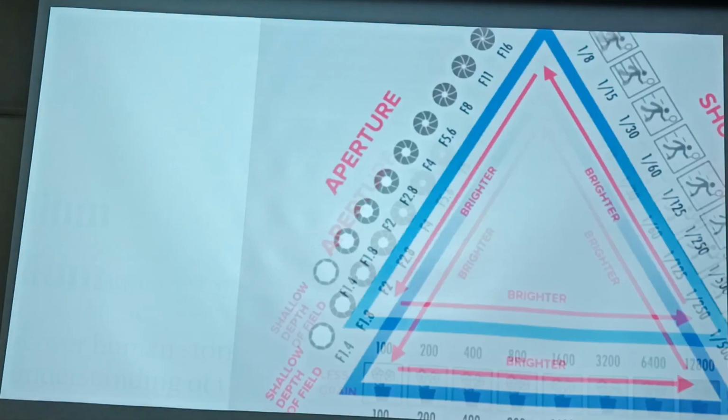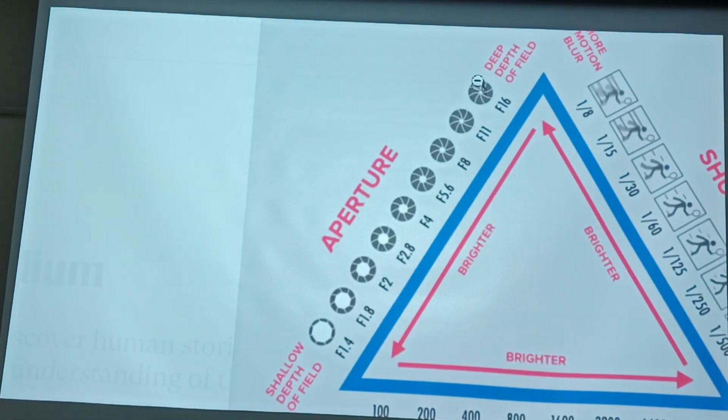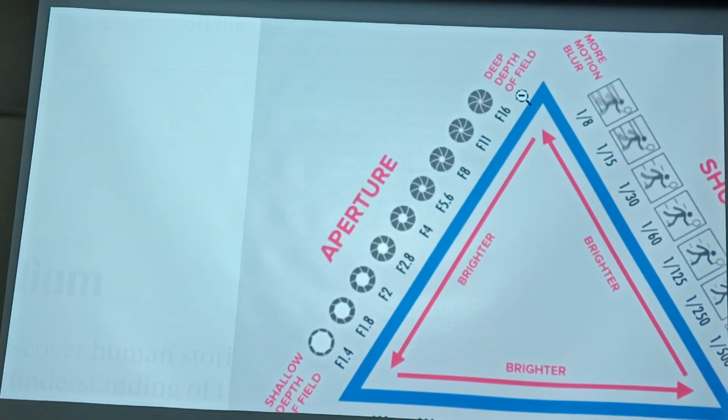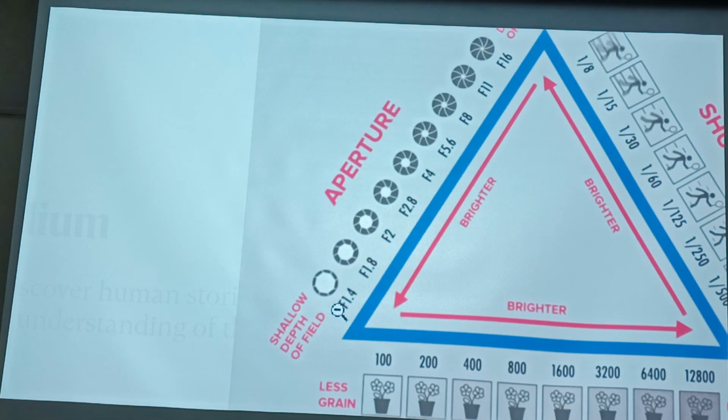So again, the higher the aperture, so f16, the more we have in focus, so the more depth of field that we have, in the sense that we might have 3 or 4 meters in sharp focus, comparatively to f1.4, where those light rays aren't being squeezed through that aperture.